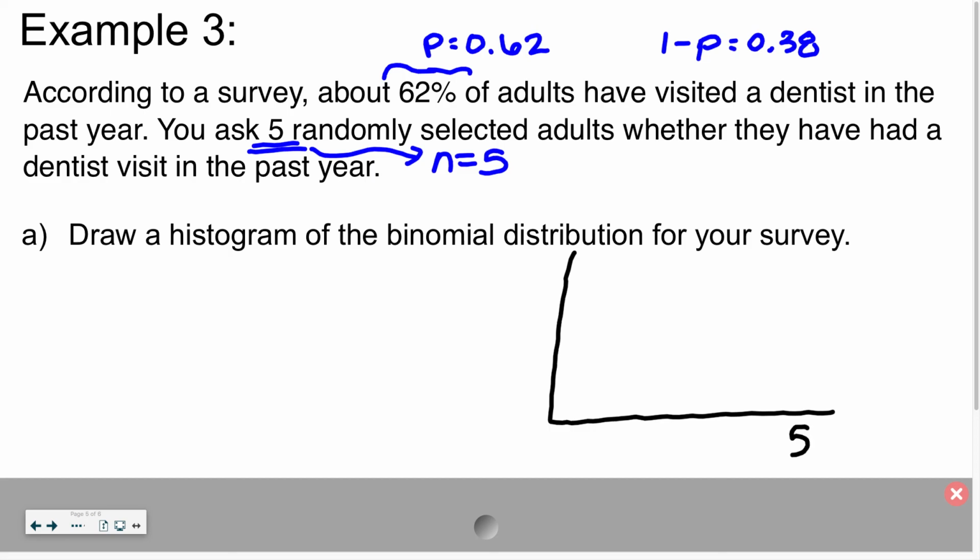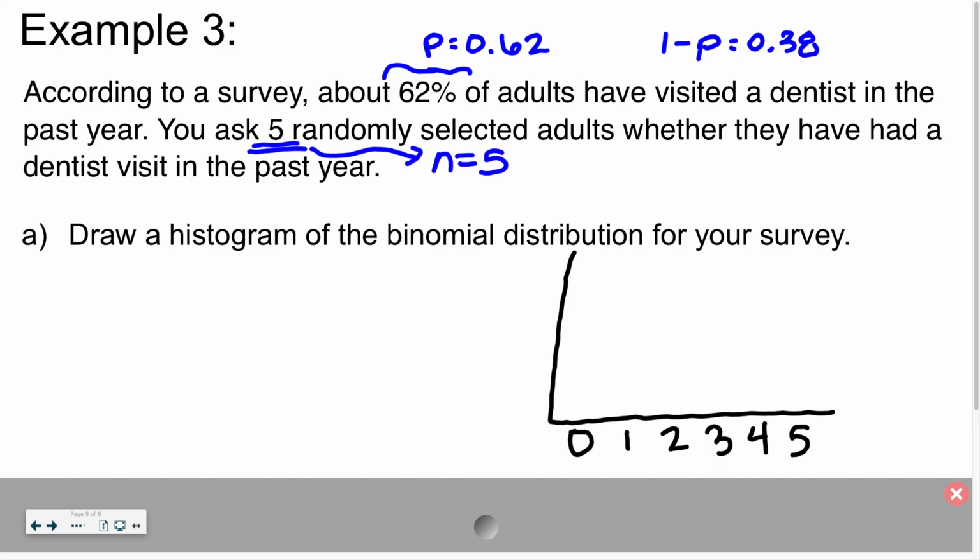What else could happen? None of them went to the dentist? Or 1, 2, 3, or 4 people went to the dentist? Some people are scared of the dentist. That's 6 different outcomes, right?